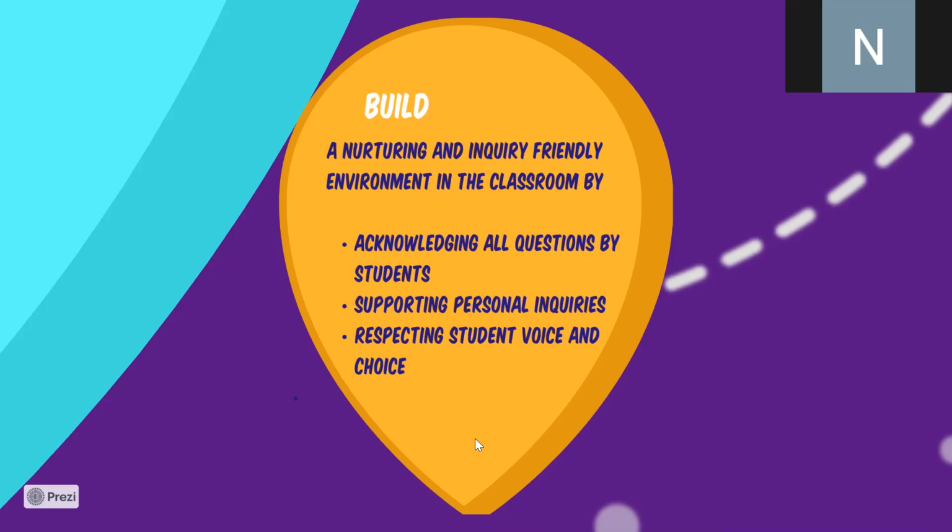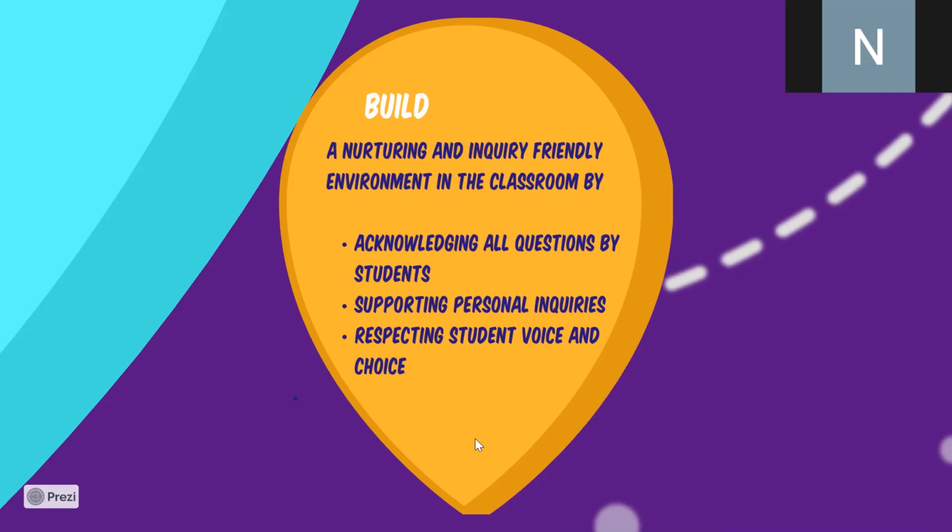You can have children who have different interests in a classroom. So even though you have one unit of inquiry going on, even if you have the same line of inquiry going on, you can have children with diverse interests. One child might want to have a separate question.